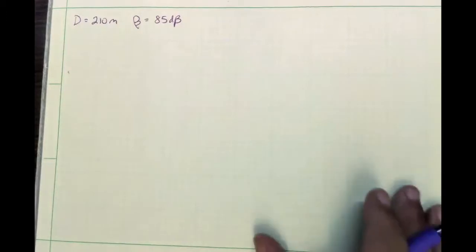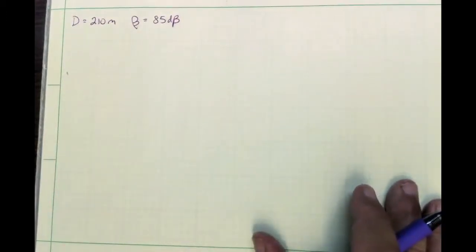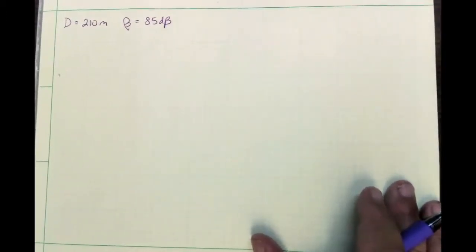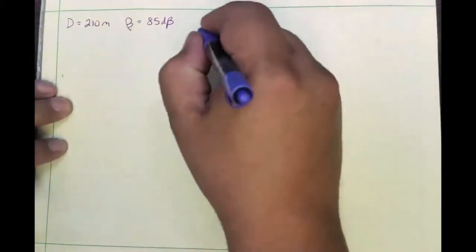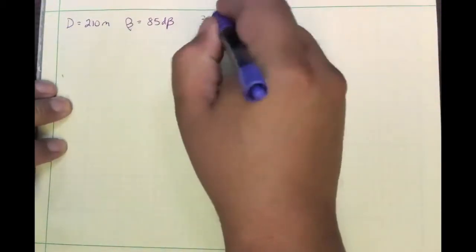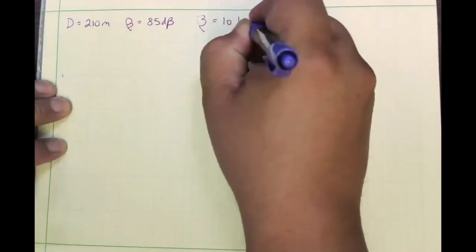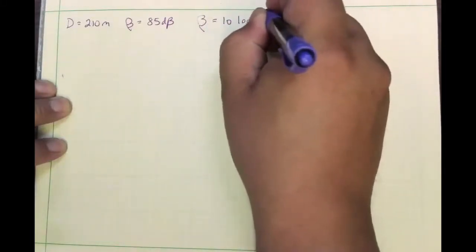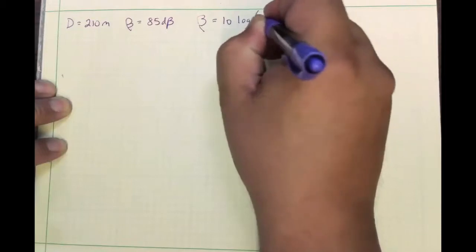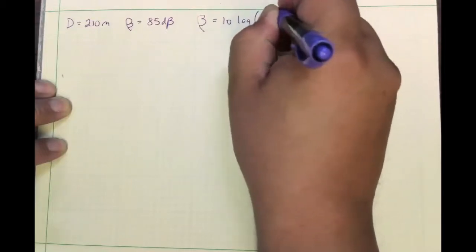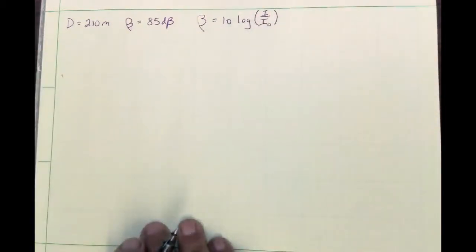Now, the two relevant equations for this problem are going to be the decibel equation itself, which states that the decibel level is 10 times the logarithm of the intensity divided by the threshold of hearing.